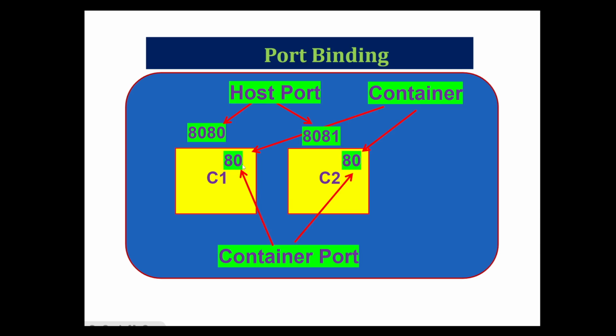I have taken the identical container port for these two different containers because I want to tell you that whether we give the identical or different port for these two containers, it will do fine, because these two containers are running in two different isolated environments. It is fine as long as we give different host port numbers for these two containers.